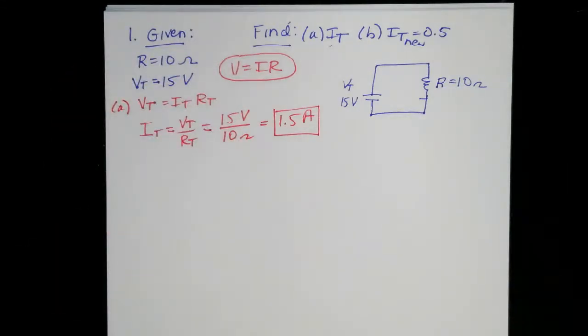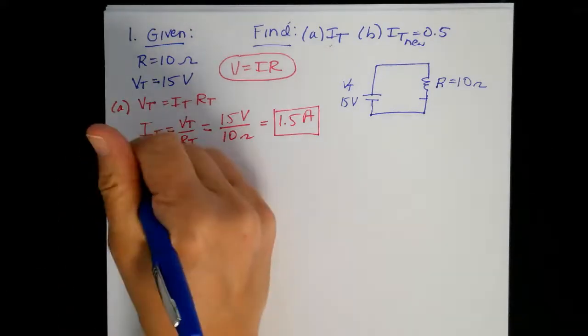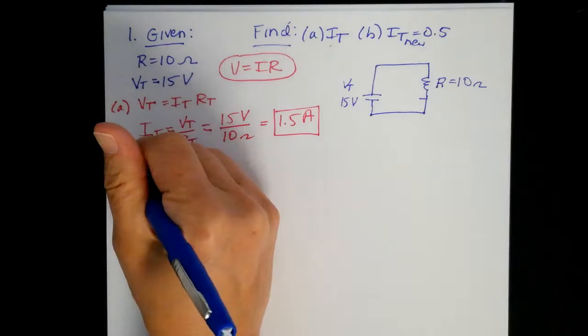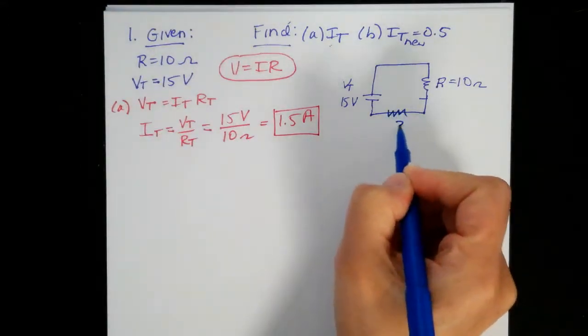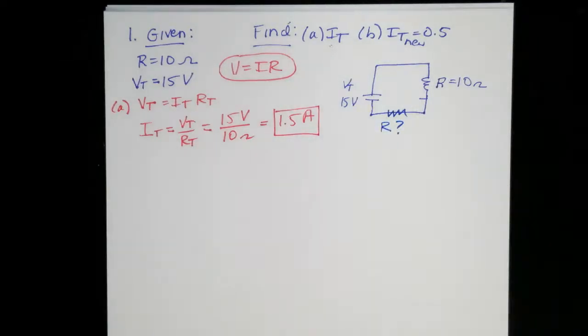Now part B might be a little confusing, and part B is very similar to number 5, which are a little confusing. They're not very straightforward. So for part B, it says what resistance must be connected. So basically I want to add another resistor, and I don't know what that resistor is.